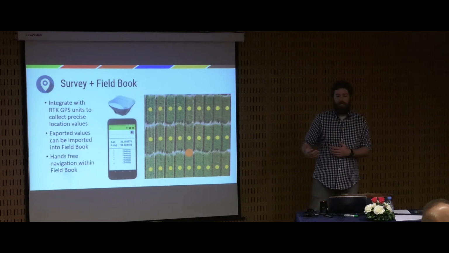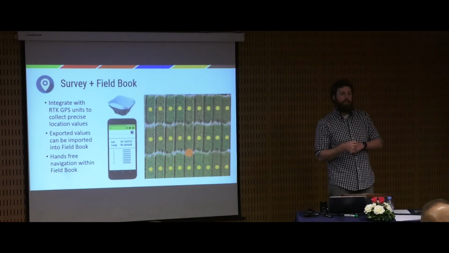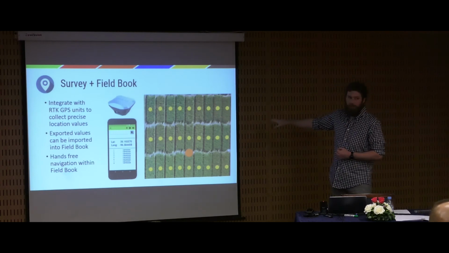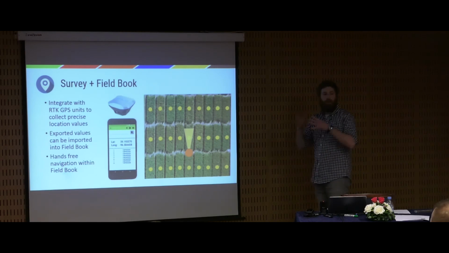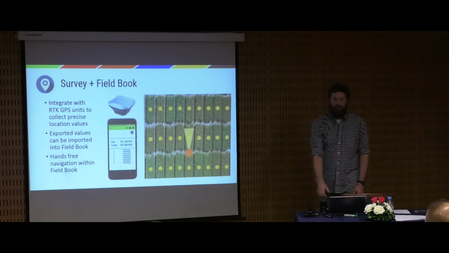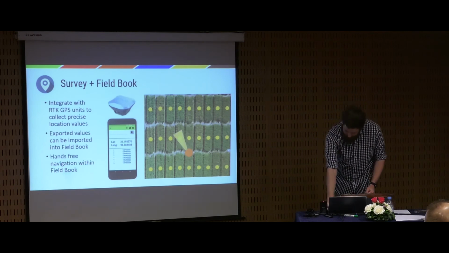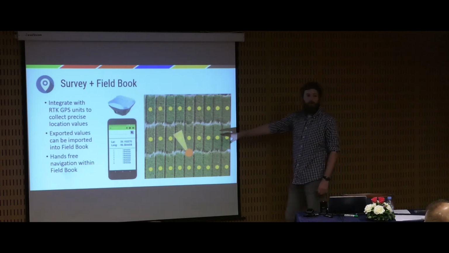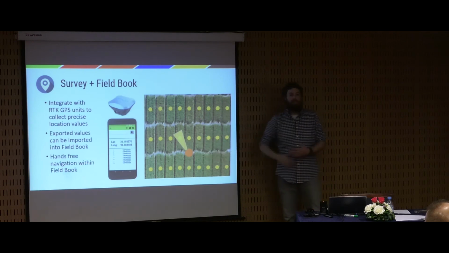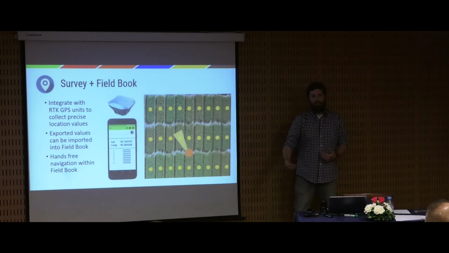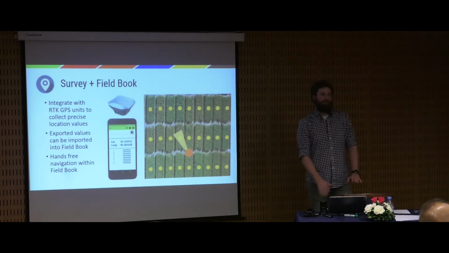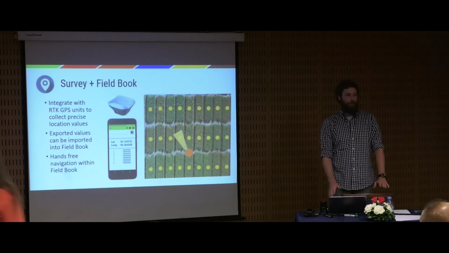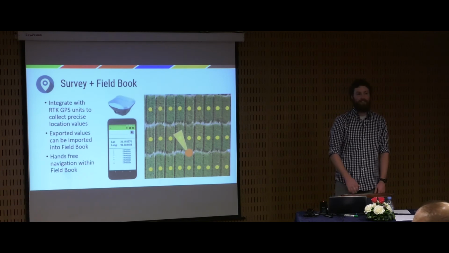But then we can utilize the heading of the GPS along with these points to have a pseudo impact zone of where that person is looking while they're collecting data. Now, if they look a different direction, then that plot is what will be displayed on Fieldbook. So we're really taking out that manual navigation within Fieldbook and just automating everything, because even manual navigation is one of those places where you can introduce error.